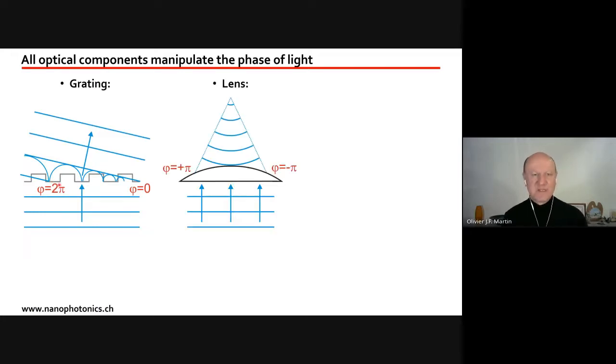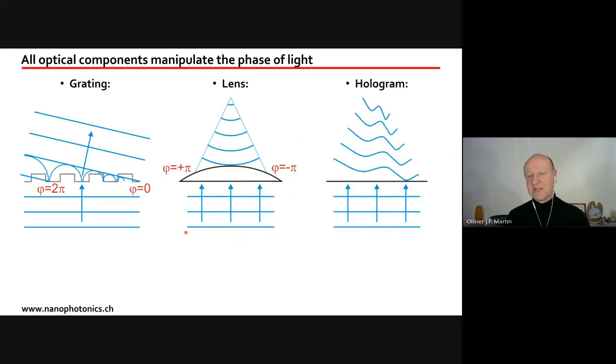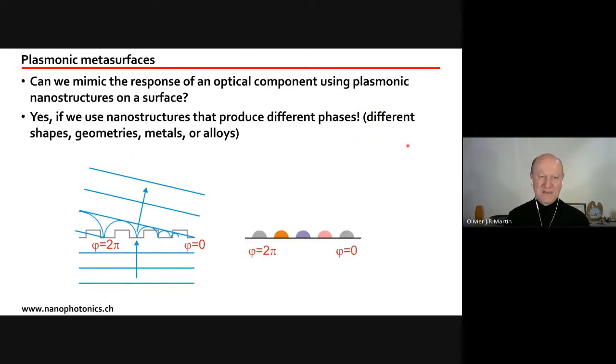A lens works with the same principle. A lens will focus light because it's going to add or subtract phase to the incoming plane wave. And of course, the most general case is that of a hologram. A hologram also works by engineering the phase on the hologram to produce the hologram image.